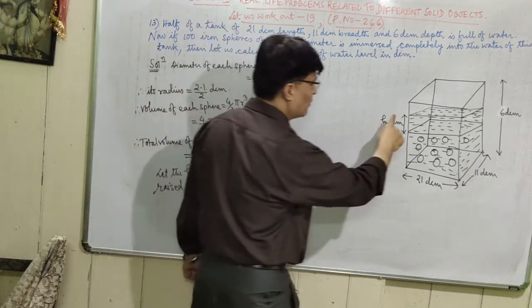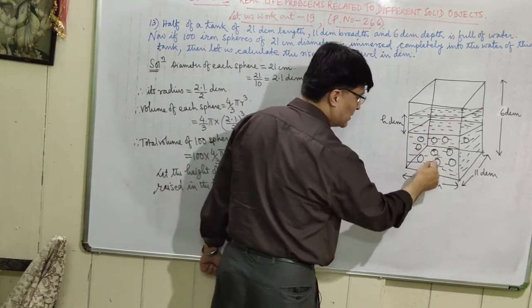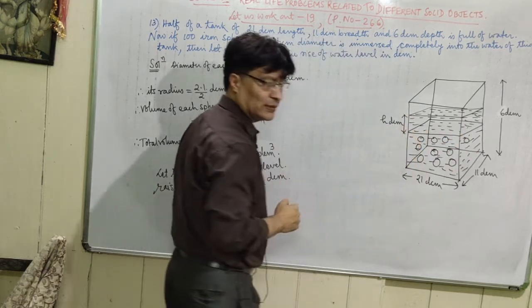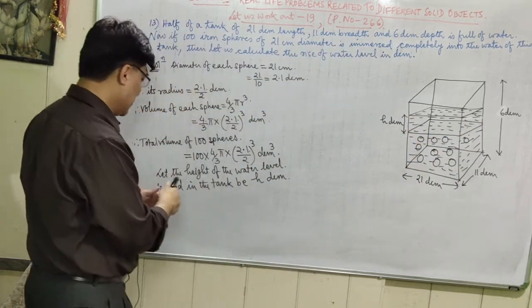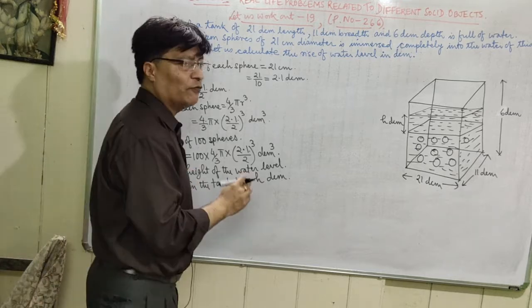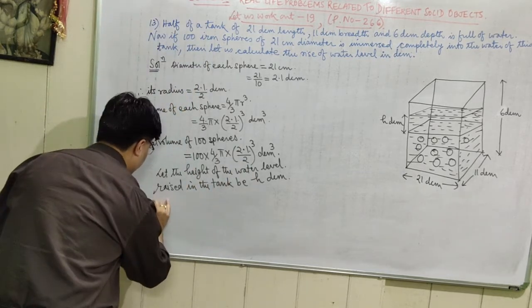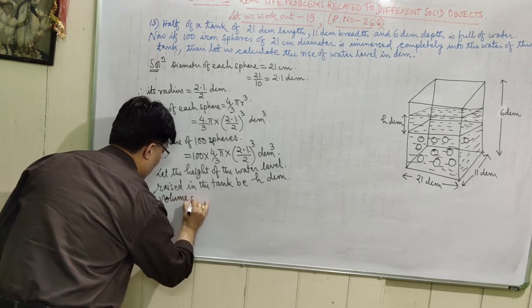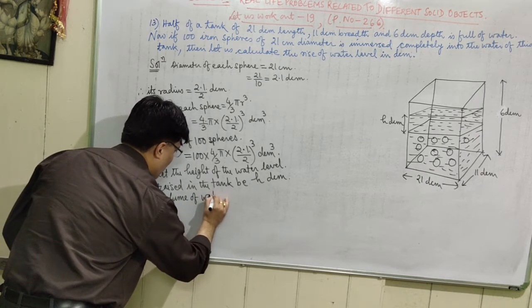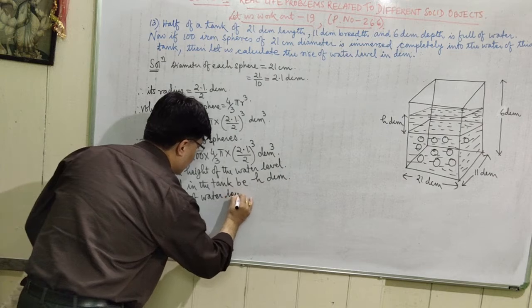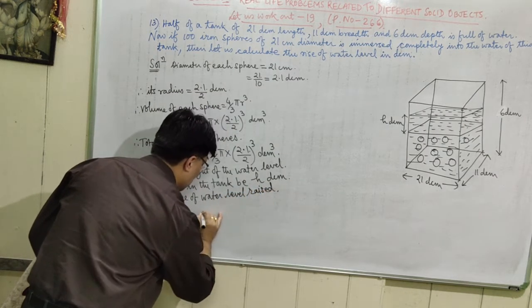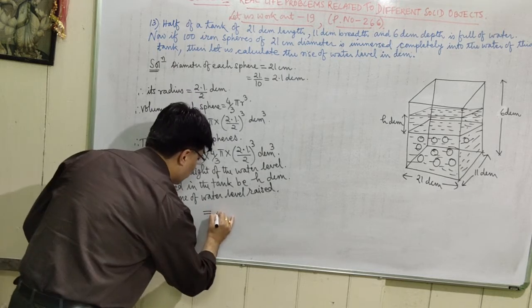So what is the volume of the water level raised? That is this length into breadth into this height. Okay, so now let us find out the volume of the water level raised. Volume of water level raised is equal to, what is the formula?